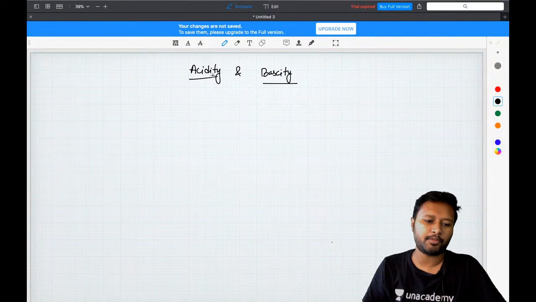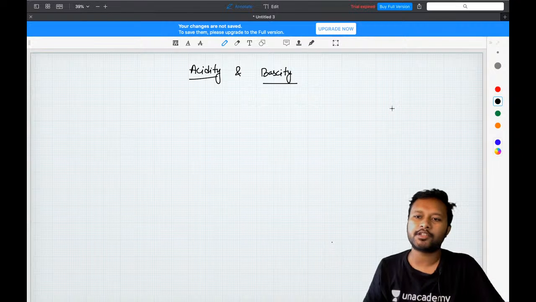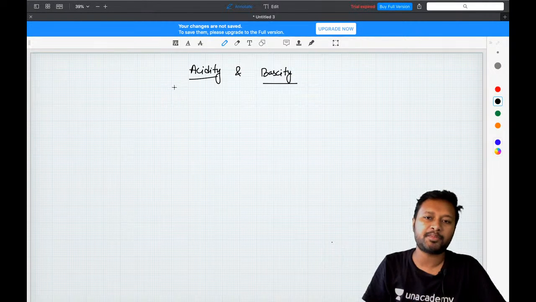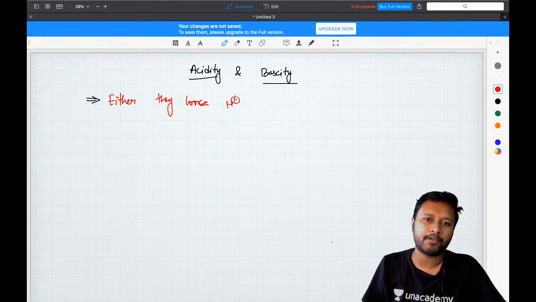Fine. So this is the topic which we are going to cover, and let's start with it. The acidic nature of a particular organic compound depends upon a few points. I have written those, so I'll just give them to you from there. There are two ways in which we understand the acidity of a particular molecule. The first is that the species loses a hydrogen ion and forms a negatively charged conjugate base.